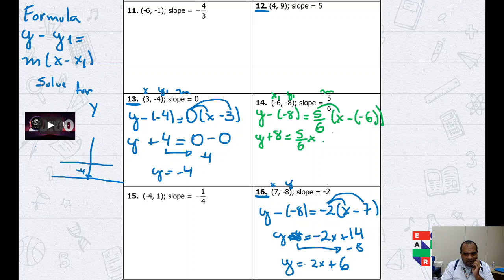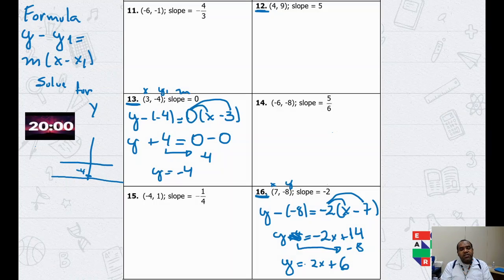We keep plus 5. Right now, move 8 by its opposite, negative 8. And you have it, y equals 5/6 x, positive 5 minus 8 is negative 3. Minus 3. Great, just it guys, pretty simple.